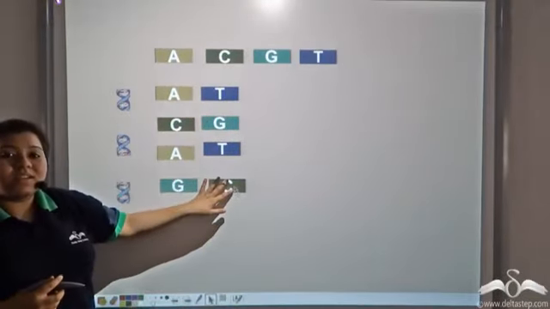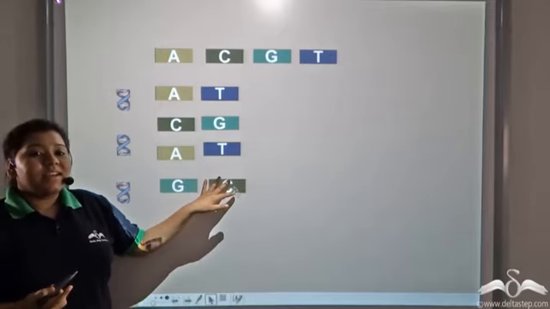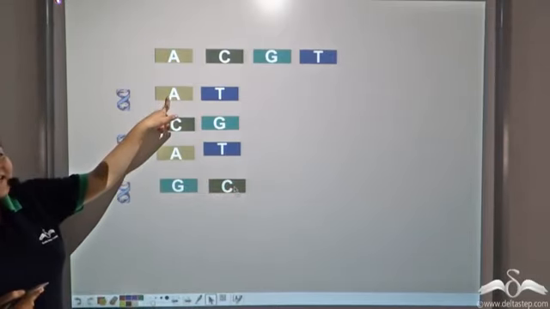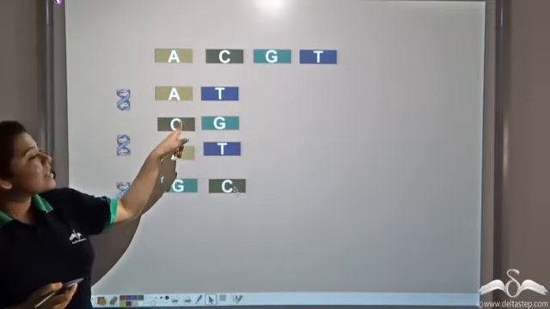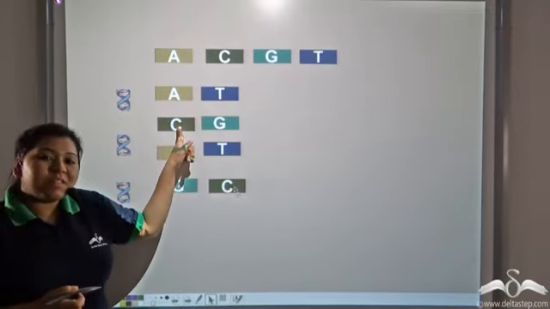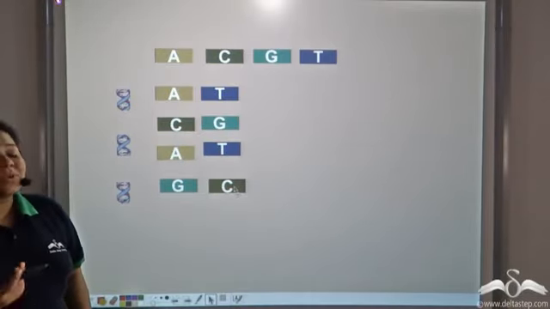This is one code which expresses a particular characteristic in a person. Now notice, adenine can only complement with thymine and cytosine can only complement with guanine. Now let us try another code.